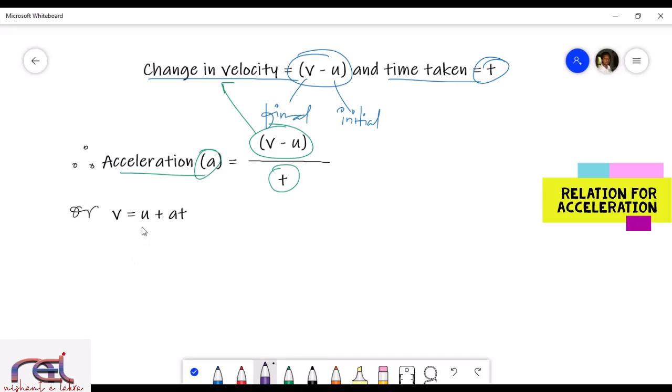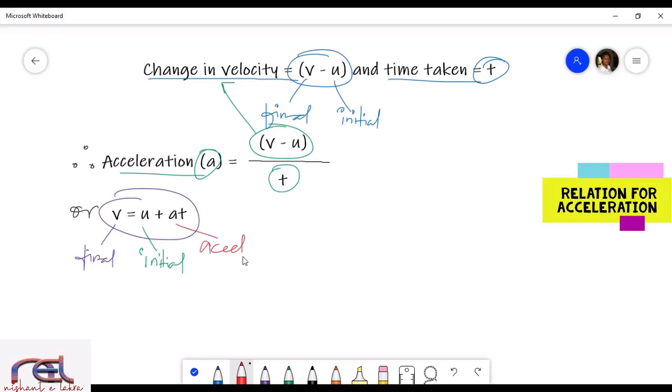Now if we have to find final velocity, we use the formula v = u + at, where lowercase v represents final velocity, lowercase u represents the initial velocity, lowercase a represents the acceleration, and lowercase t represents time taken.